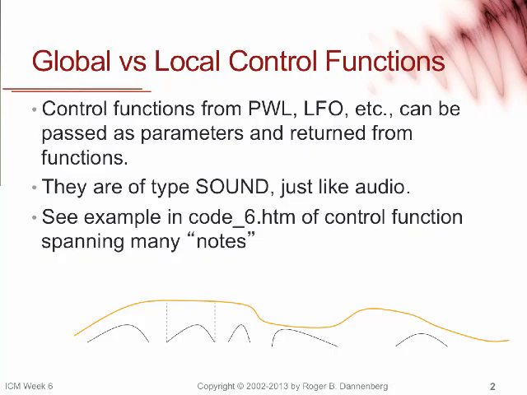You know that control functions from PWL and LFO can be passed as parameters and returned from functions. And they are of type sound, just like audio, so they're sampled signals. And what we want to do is illustrated down at the bottom here.